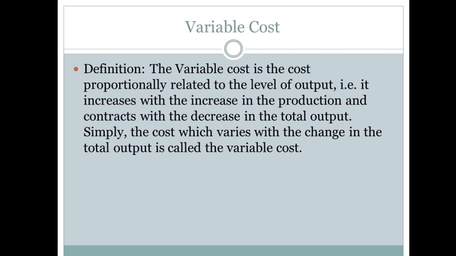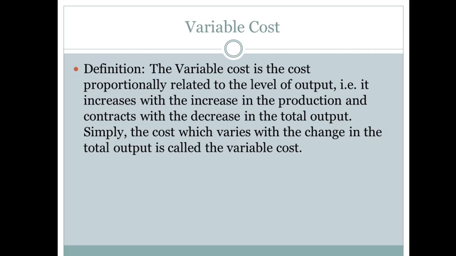But in the long run, all the costs will be changing. Along with that, we have seen the fixed cost formula: fixed cost is equal to total cost minus variable cost. Today we are going to begin with the next type of cost, that is the variable cost.